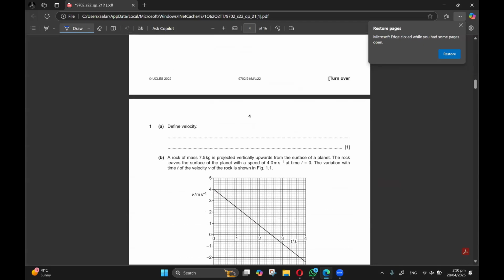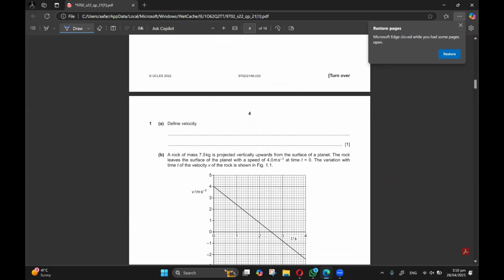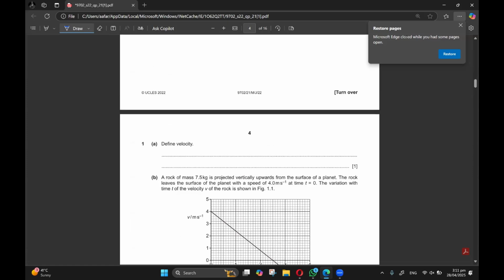Number one, define velocity. Again, the first statement gives you the overall idea of what the whole question is going to be about. So if it's velocity, it's most probably going to be about kinematics.